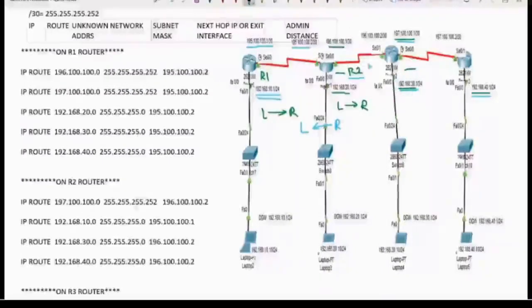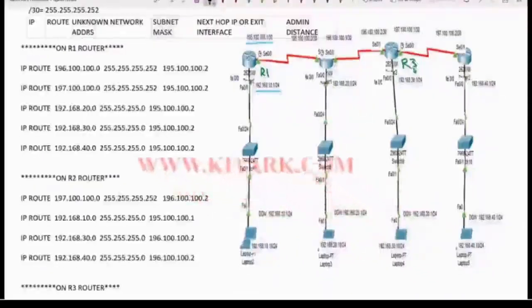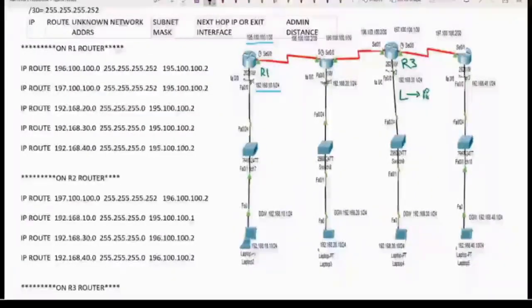So next, for a clear understanding, if you need further clarification, you can go for router R3. For router R3, just initially, left to right, have a look at what the known networks are first.